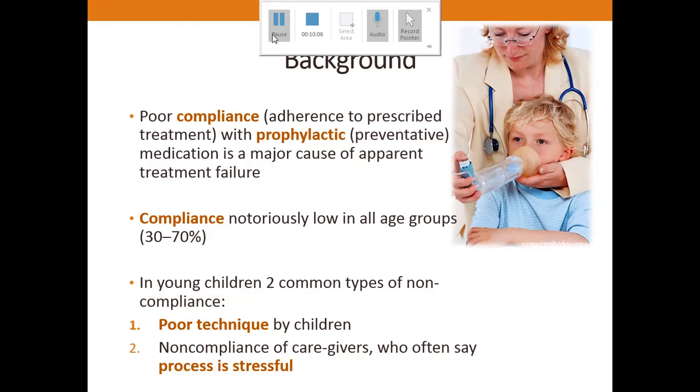When children are actually using the treatments, they're not doing it properly, and therefore they are not getting the benefits out of them that they need to get. And non-compliance of caregivers, who often say that the process is stressful. So if your child is kicking and screaming and crying and saying they don't want to do it, or they won't even try, then parents and caregivers find it stressful to try and get them to do it, so they just give up.